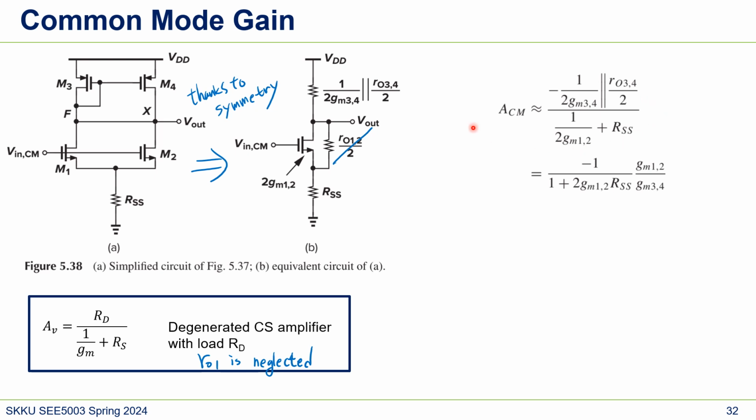And this value is smaller than here, so we can also ignore this part, and then what we got is this. So this is the gain of common mode.